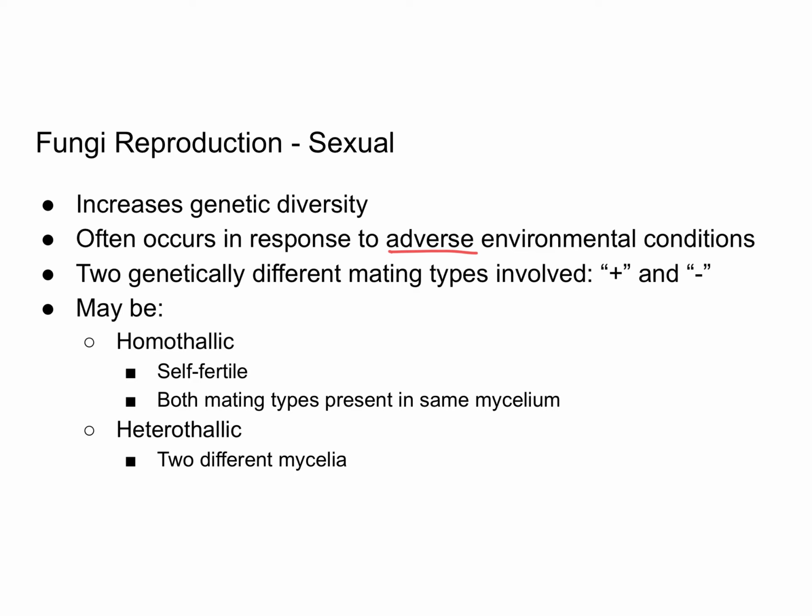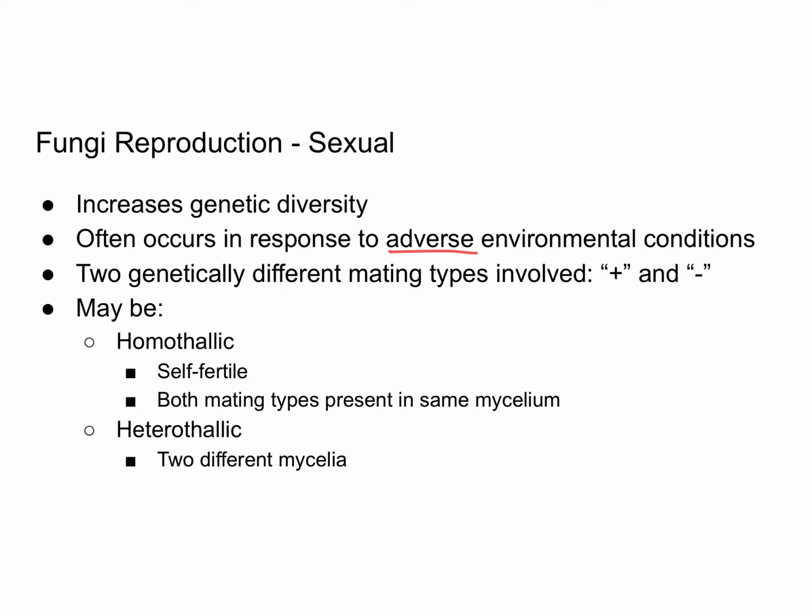So genetic diversity isn't necessarily beneficial for a single individual, a single mushroom, a single fungus, but it would be beneficial to the population of fungi in the environment so that if a big change in the environment happens, at least some of the organisms will survive in order to be able to reproduce and repopulate the area.